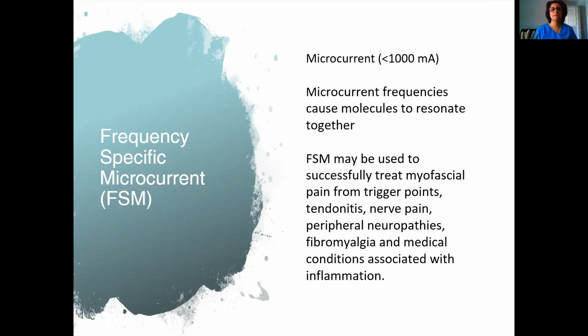A TENS machine might fire 1,000 milliamps or higher. Microcurrents are less than 1,000 milliamps, and most of the microcurrent intensities we run in our office are about 100 to 200 milliamps. So people don't even feel them. But what they do is they work on the resonance effect.